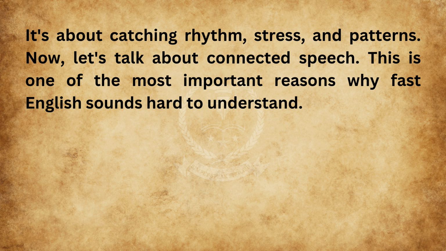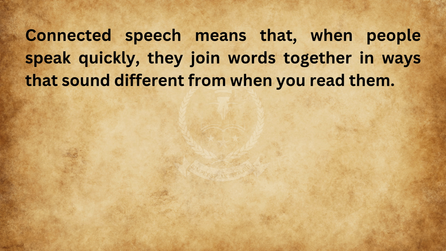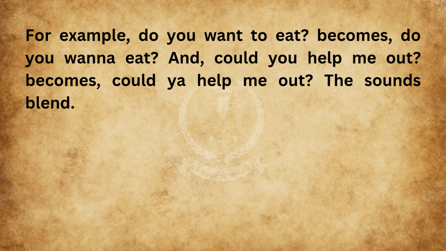Now, let's talk about connected speech. This is one of the most important reasons why fast English sounds hard to understand. Connected speech means that, when people speak quickly, they join words together in ways that sound different from when you read them. For example, "Do you want to eat?" becomes, "Do you want to eat?"